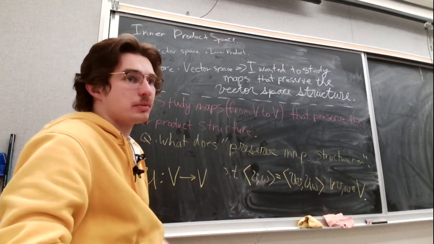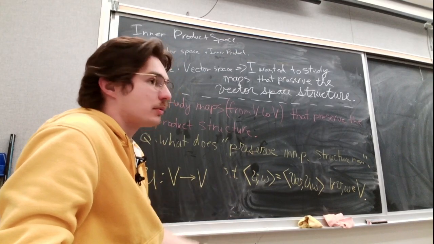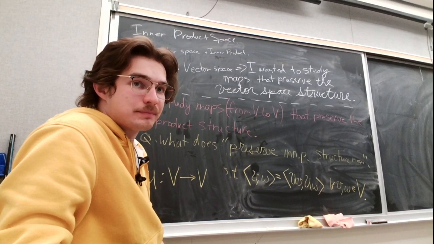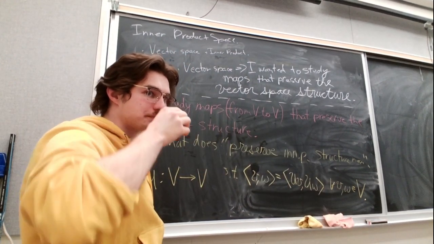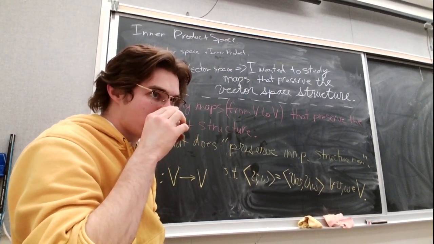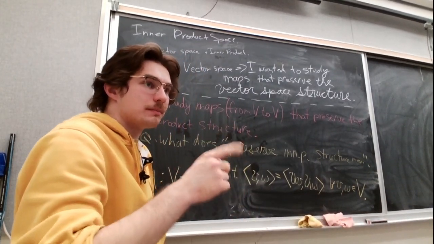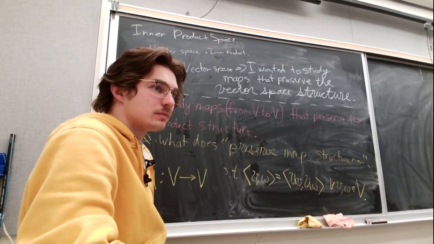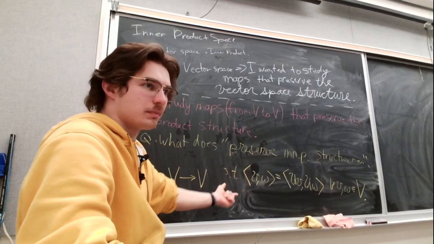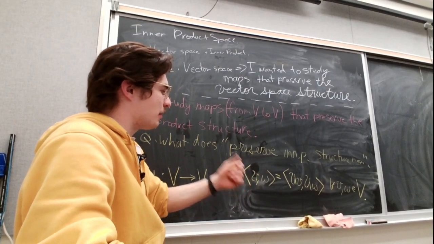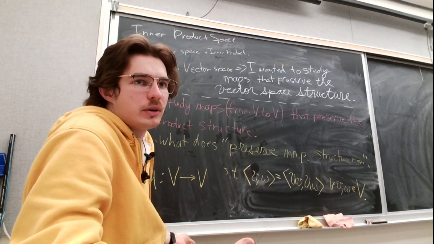So in what sense does this preserve the inner product space structure? Try and say it in words. Yes, it doesn't change the inner product. So if the inner product between V and W was some number, and I apply the map to both V and W, then the inner product stays the same. That's literally what it means.